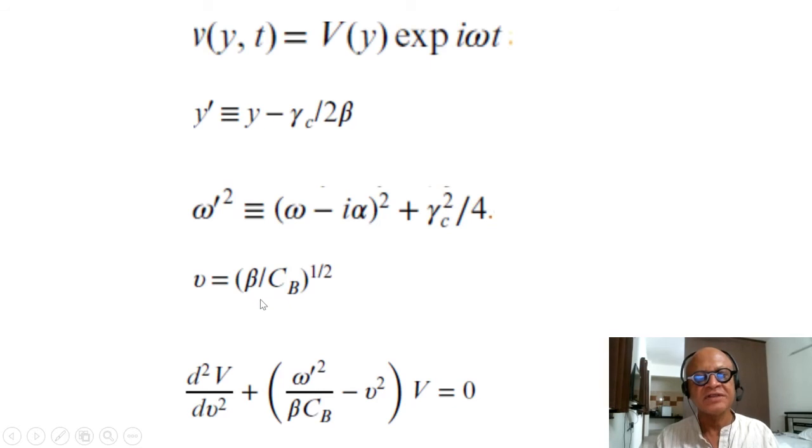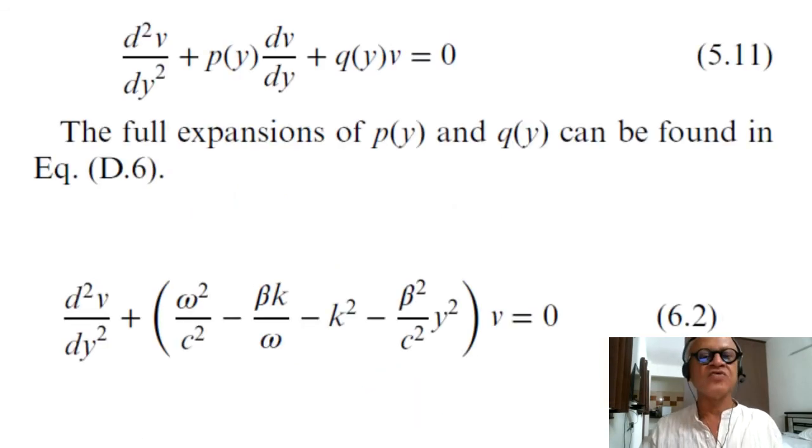V here is written as beta over cb to the 1/2, which gives us the equation we want to solve: d squared v over dy squared plus omega prime squared over beta cb minus y squared times v is 0. This is similar to the equation 5.11 we had seen before, and the process we used to derive the harmonic oscillator equation out of that in chapter 6.